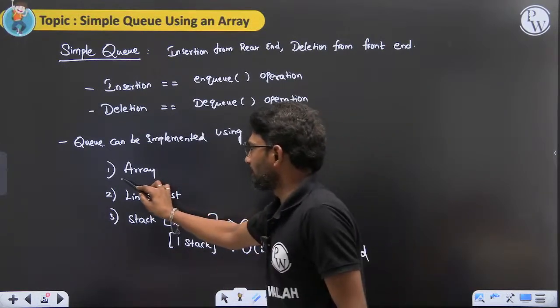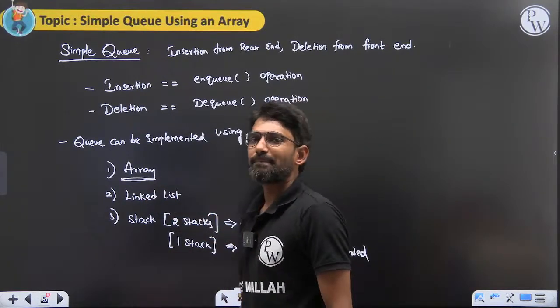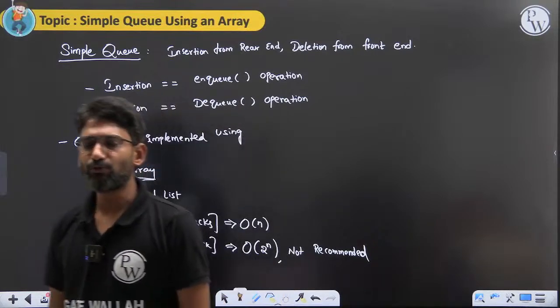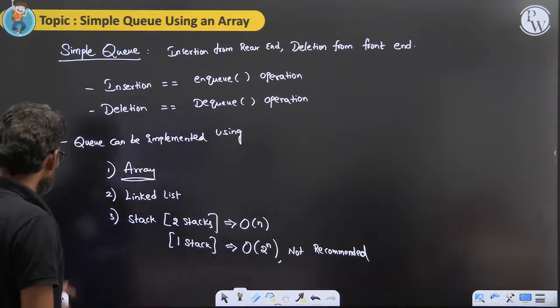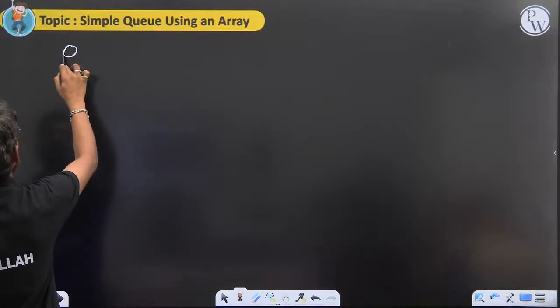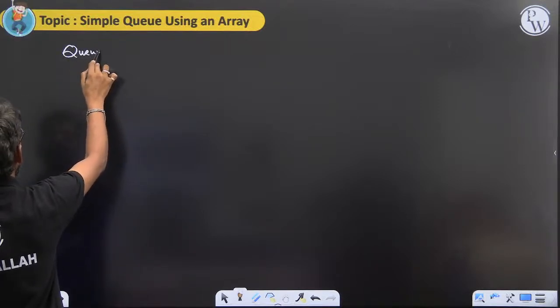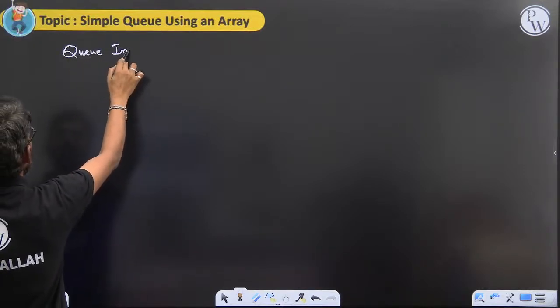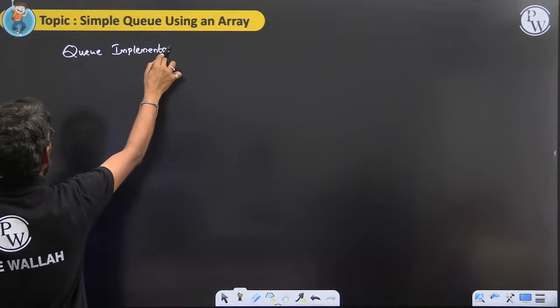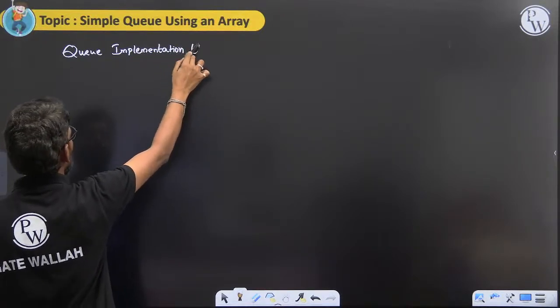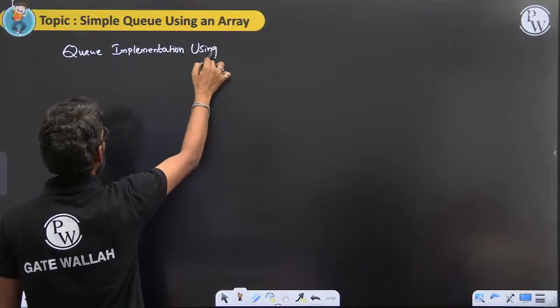So let us understand how we can implement queue using an array. When I say queue, what queue am I referring to? Simple queue. So, queue implementation using an array.